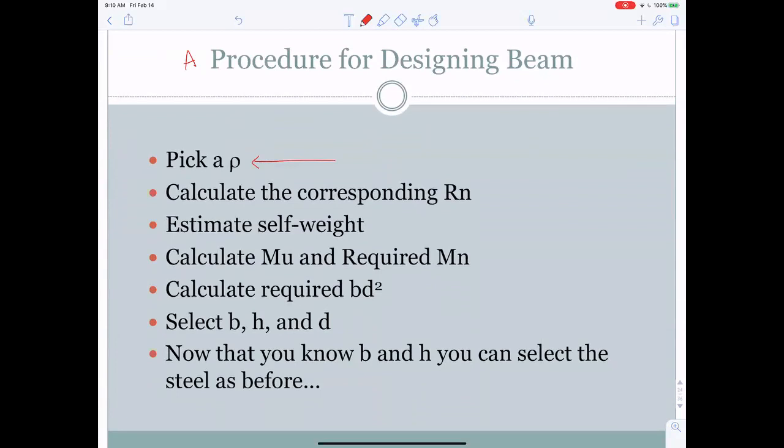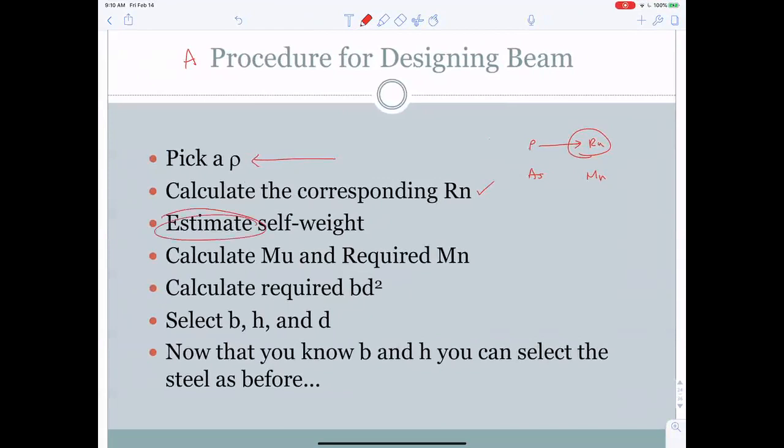Then, remember how we had this thing where we had MN, RN, rho, AS. From rho, you can get an RN, okay? Before you can get the moment, you have to know the weight of the beam. So you're gonna have to guess, or I guess the estimate is a better word, the self-weight of the beam.